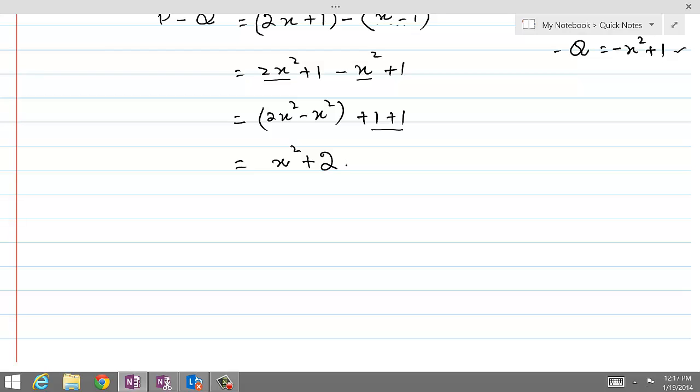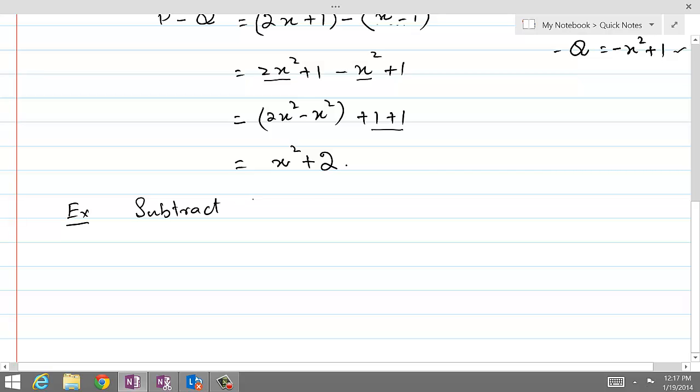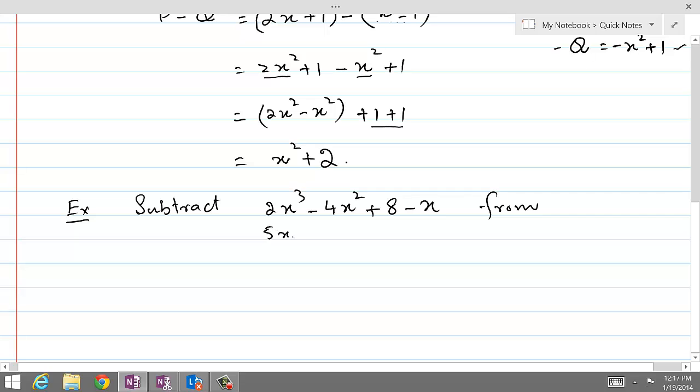Now let's do another example. Subtract 2x cube minus 4x square plus 8 minus x from 5x4 plus x minus 3x square minus 9.